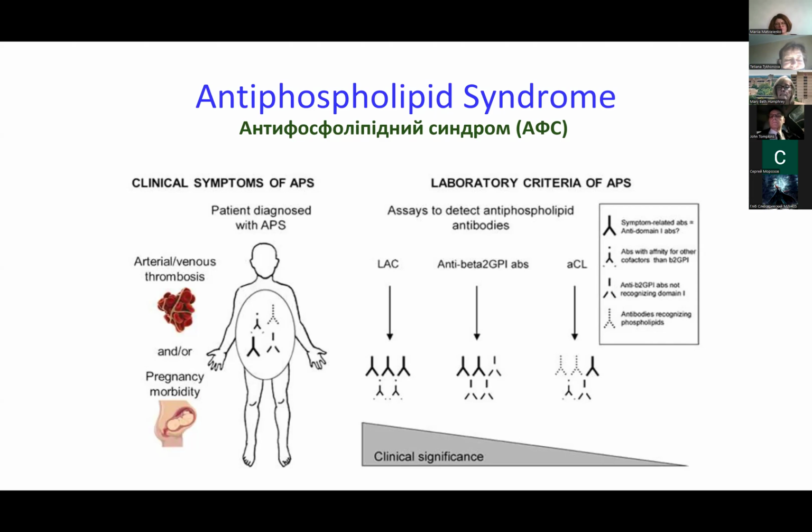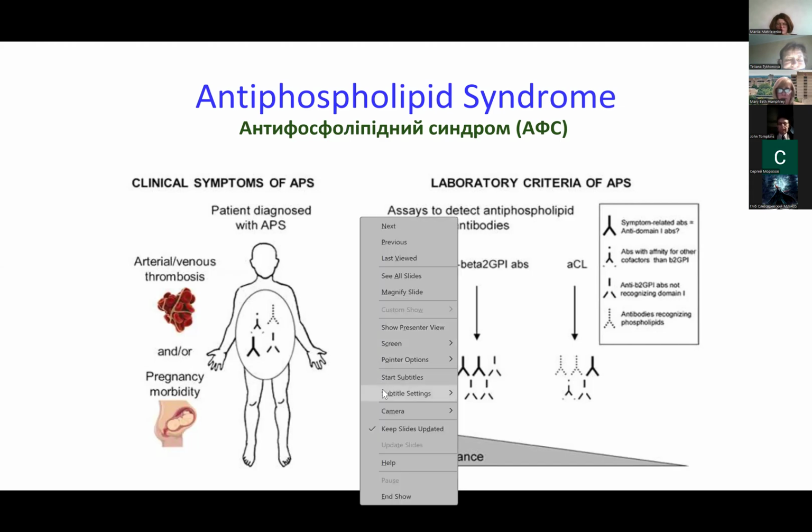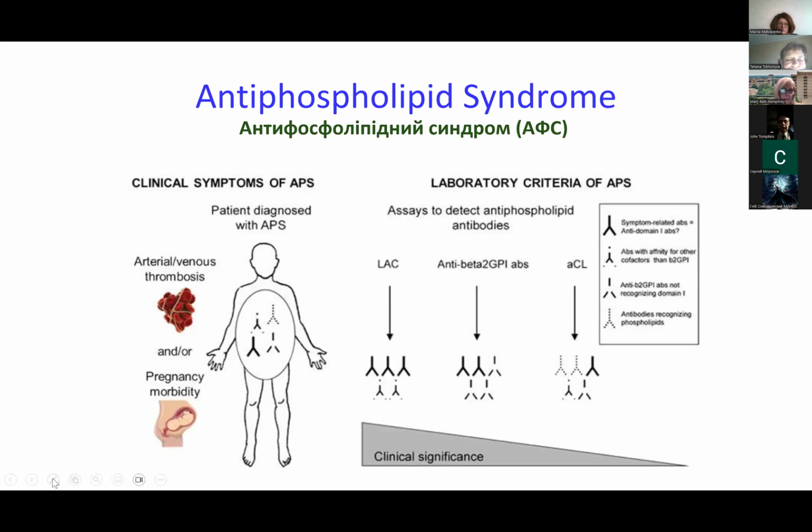antiphospholipid antibodies. So there's lupus anticoagulant, which is a very specific antibody, and we'll talk in more detail about it, but it has a very high rate of having these complications.